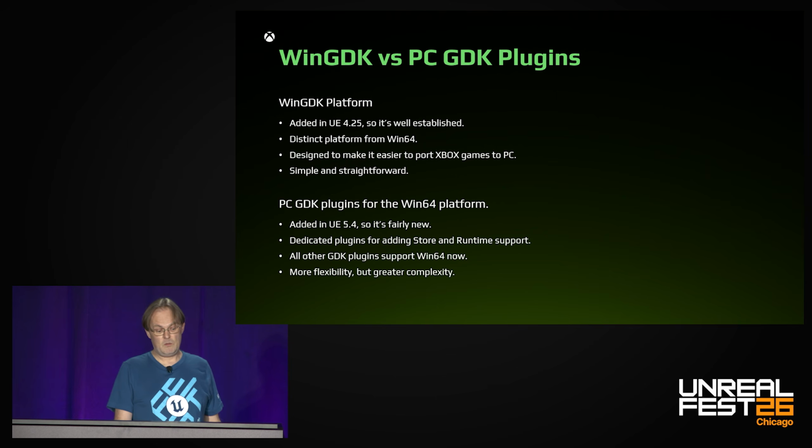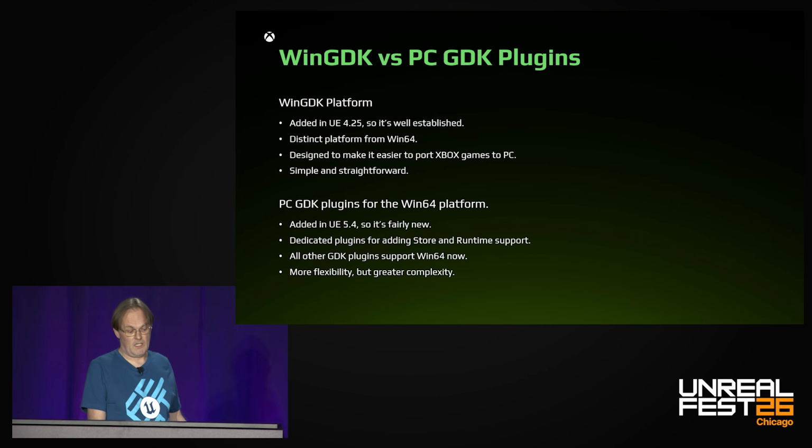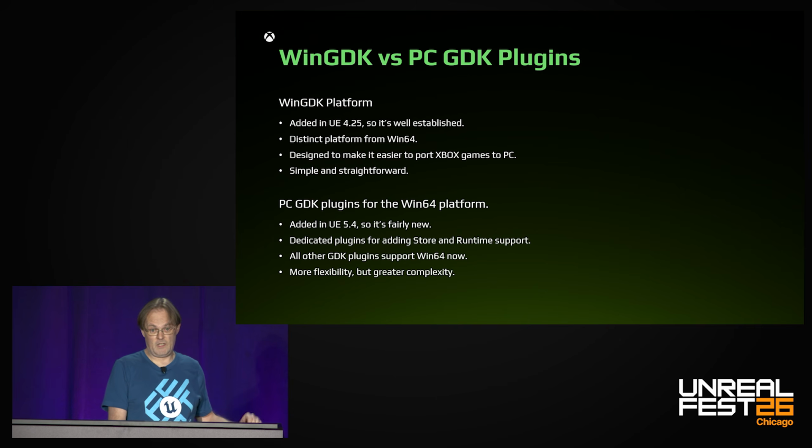Alternatively, we could use the new PC GDK plugins for Win64. They're fairly new, coming in 5.4, with dedicated plugins for adding store and runtime support. And as Zach mentioned, all the other GDK plugins are now available for Win64 too. This offers more flexibility, but does come with a bit of extra complexity.